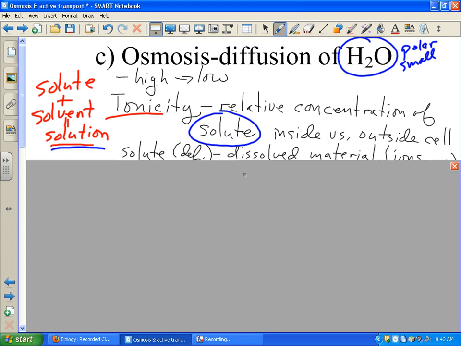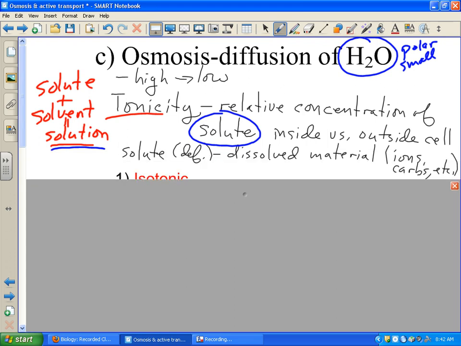Now, if you're not familiar with the word solute, solute refers to dissolved material. Now, this could be ions, it could be carbs, it could be proteins, it could be sugar, it could be anything that we've put into a liquid and created a solution.